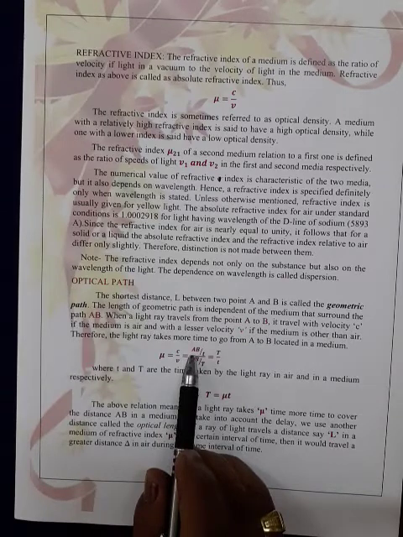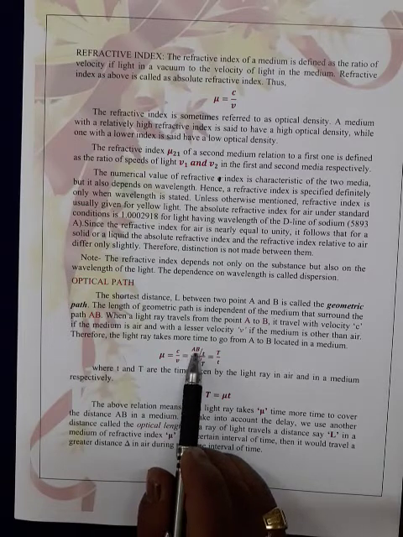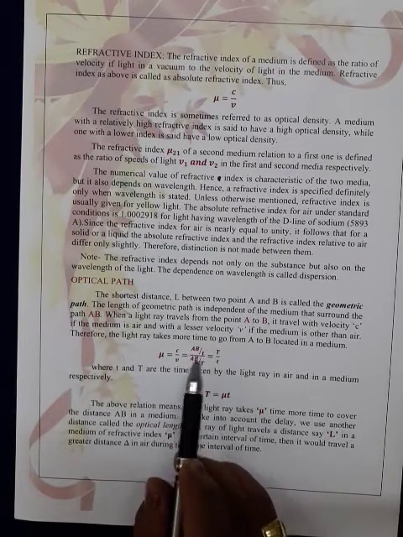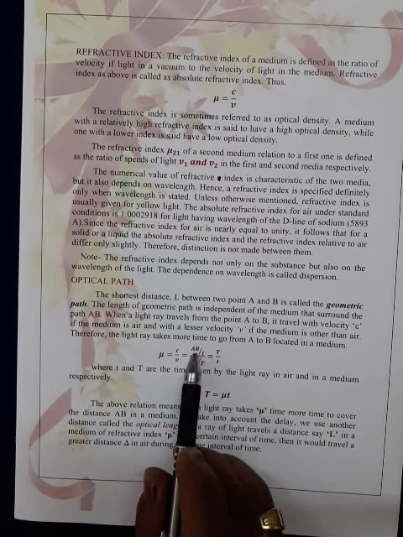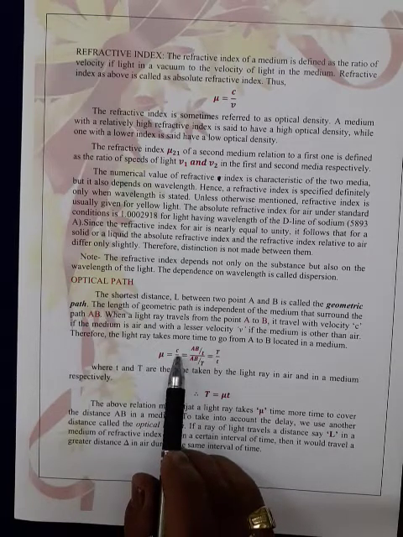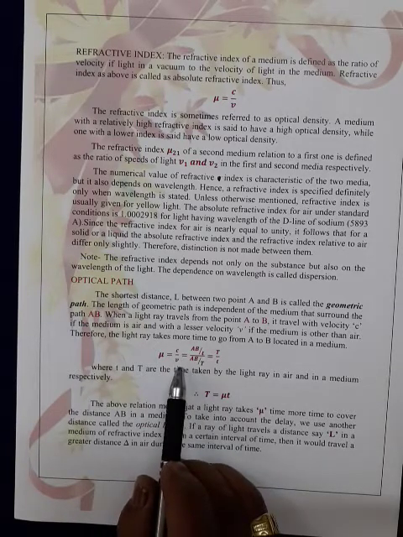AB is nothing but the shortest distance between 2 points A and B with respect to time. This is distance by time, that is nothing but a velocity. Here the velocity we are considering is in the air, and next, the velocity in the medium, which I take as v.